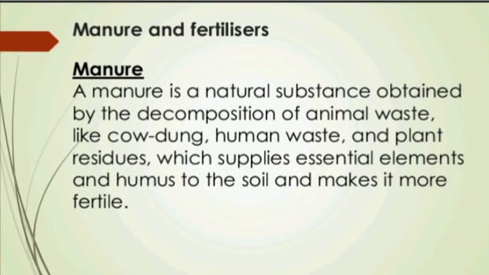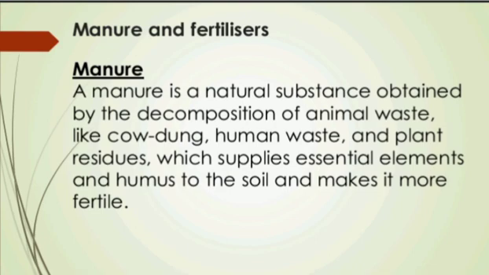To prepare manure, the farmers dump animal wastes like animal dung and plant wastes like leaves etc. in pits at open places and allow it to decompose slowly. And the decomposition is carried out by some microorganisms. This decomposed animal and plant matter is used as organic manure.